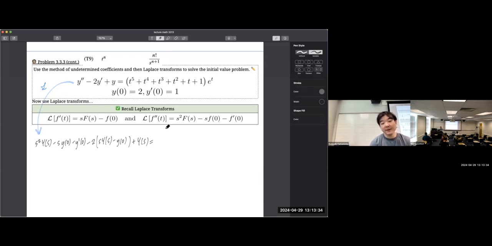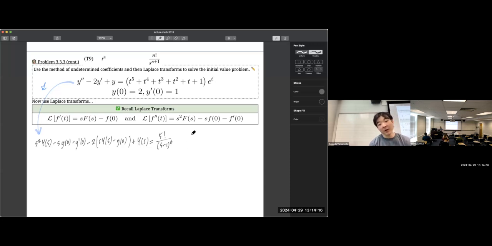This is t to the 5, so it's going to be 5 factorial over, normally s to the 6. But because it's being multiplied by e to the t, what is it instead, using the shifting theorem? We replace s by s minus c, which is 1 in this case.